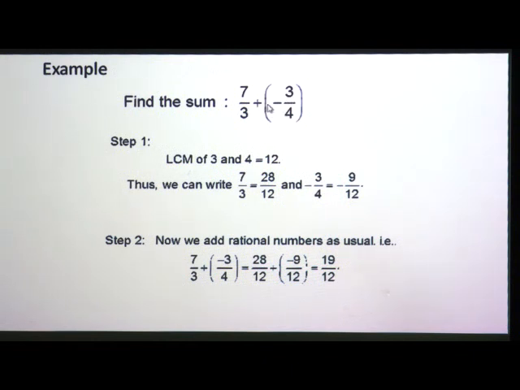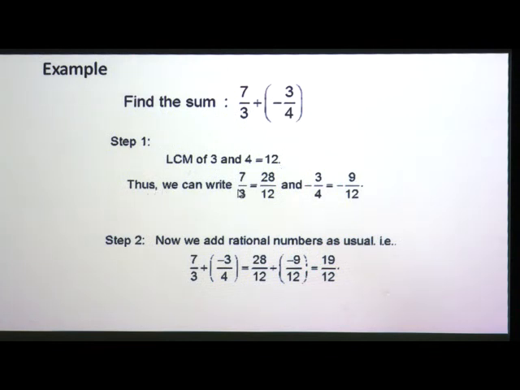Here plus into minus is always a minus, you know very well. So, first what will we do? We will go step by step. First we have to take an LCM of the denominators. What is the LCM? Yes, you are right, because we have here prime numbers, we can go directly: 3 times 4 is 12. So, LCM is 12.